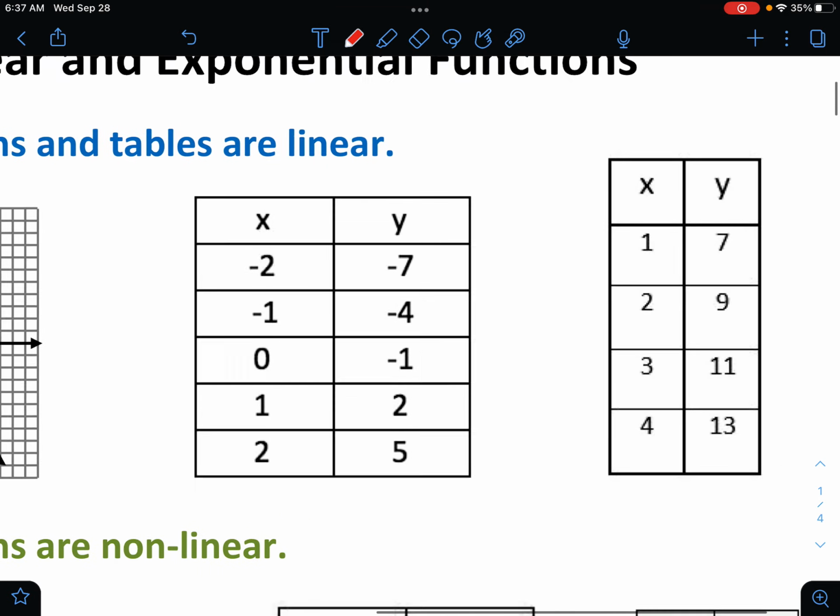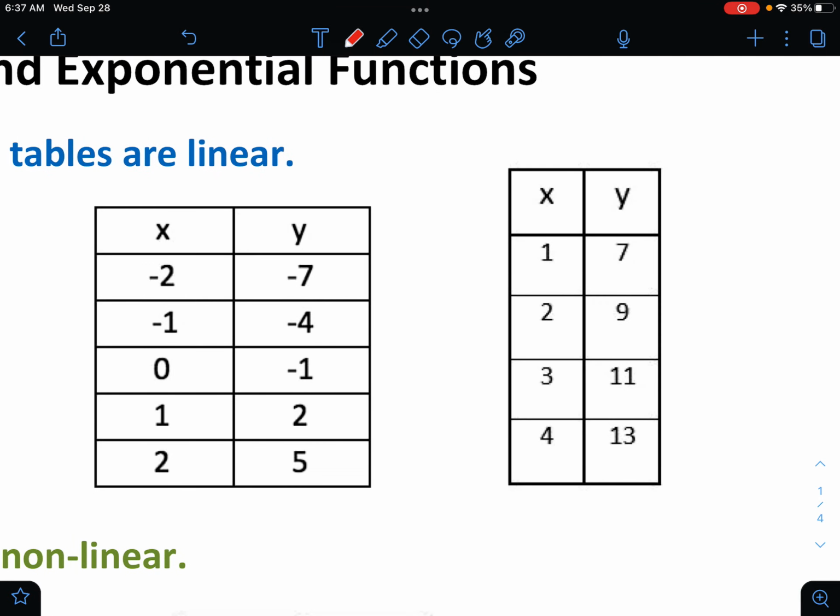And then on the tables, the idea is that it goes from -7 to -4, -4 to -1, -1 to 2, and 2 to 5. So what could we say the pattern in that is? Well, it's adding 3 every time, and that's what makes it linear.